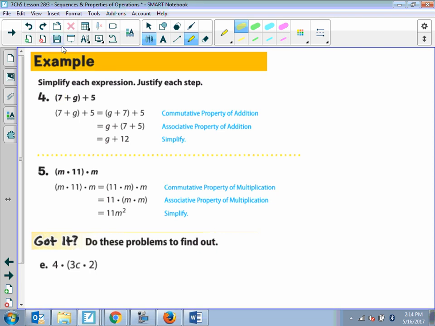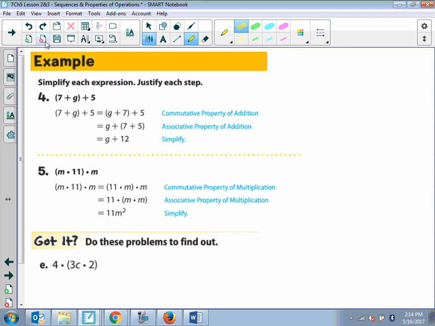The first thing we're going to do to get the 5 and the 7 closer together is use the commutative property to switch those. So we have 7 plus g and g plus 7. Now the 7 and the 5 are closer together.